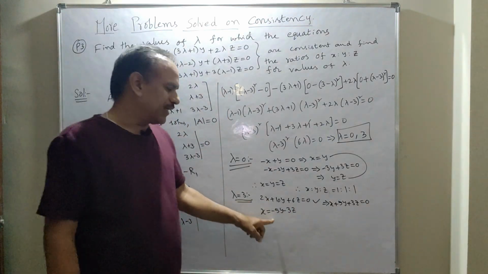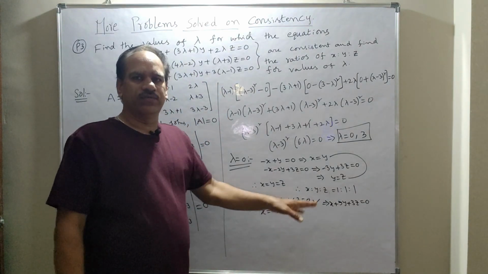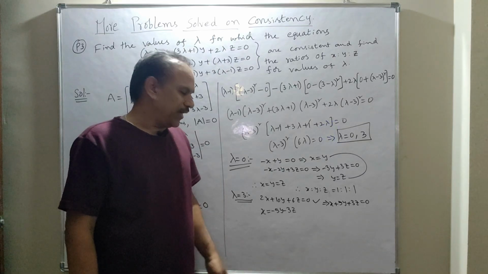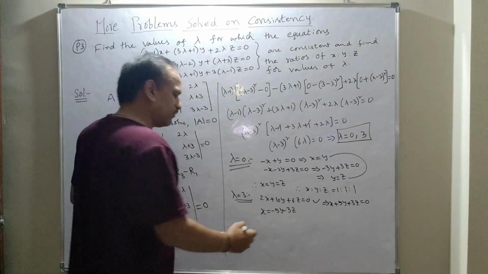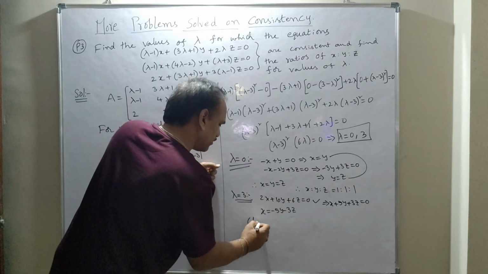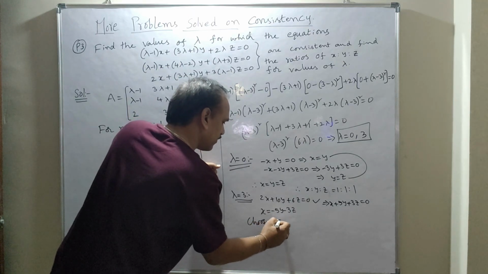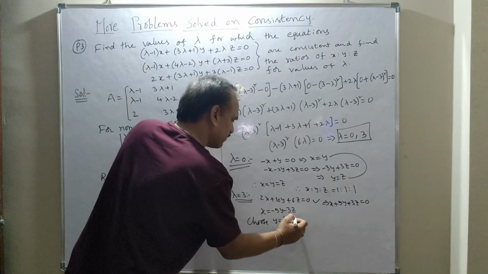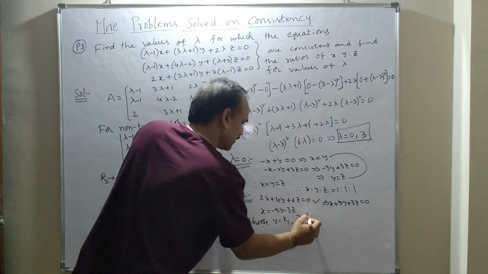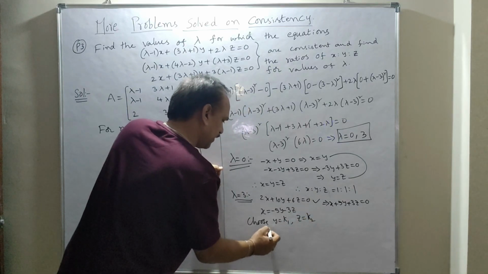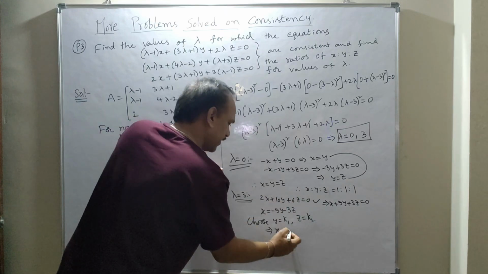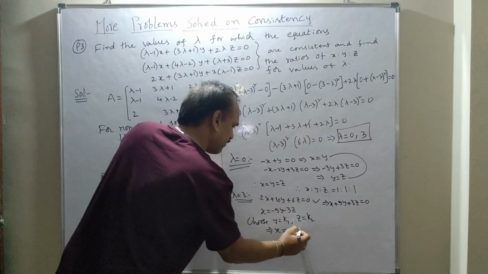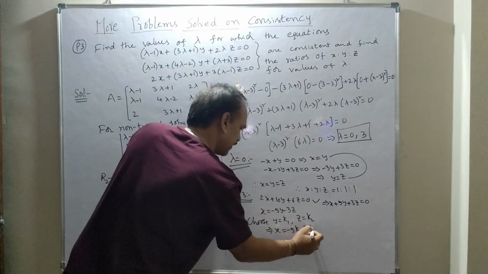Because you have only one equation but three unknowns x, y, z, you have to choose values for two variables. I choose y equal to k1, some value k1, and z equal to k2, so that you will obtain the value of x from y and z. It is minus 5k1 minus 3k2.